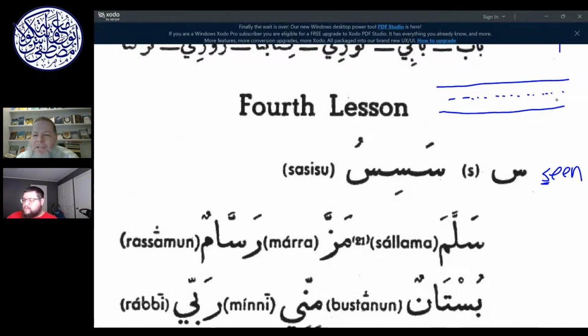Basically it looks like this. When it's in the beginning or in the middle, then it just looks like this. It's a little sloppy right there just because it's hard to write on the screen. I'm writing in the air, but it's written on the line.